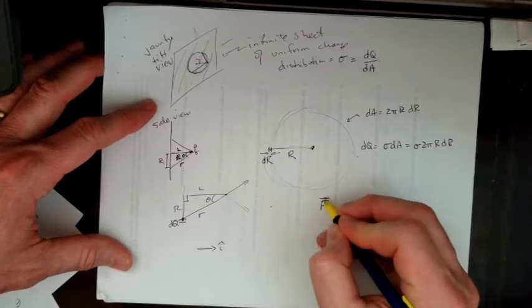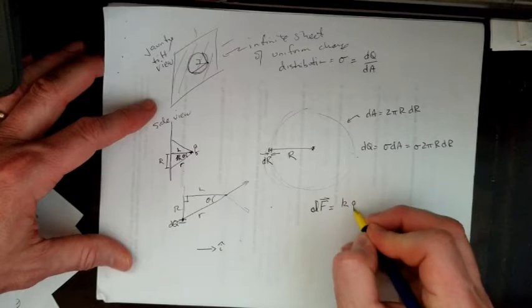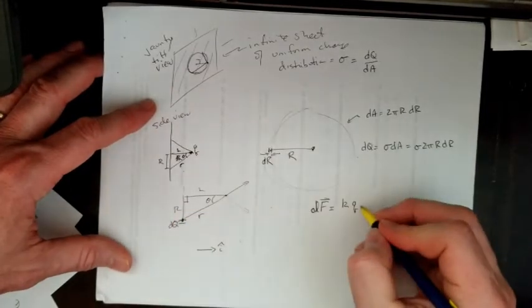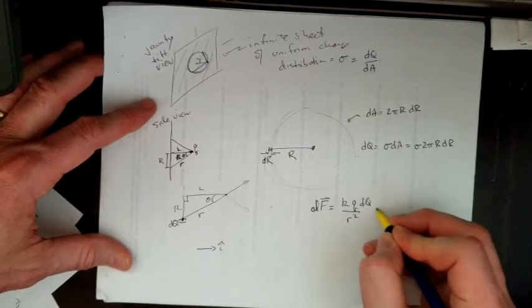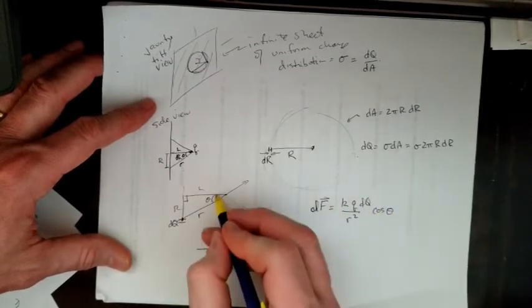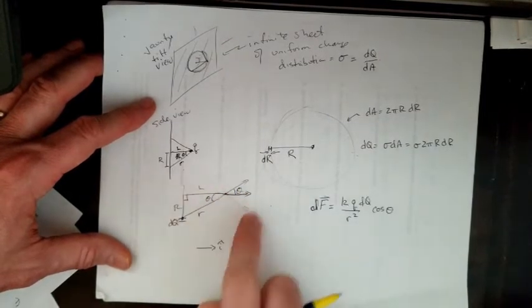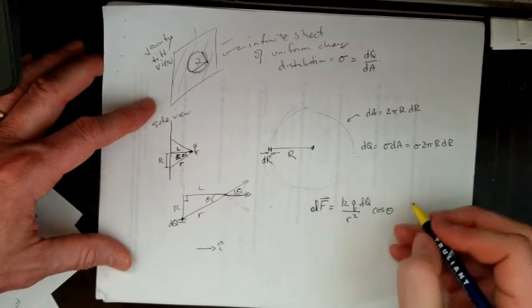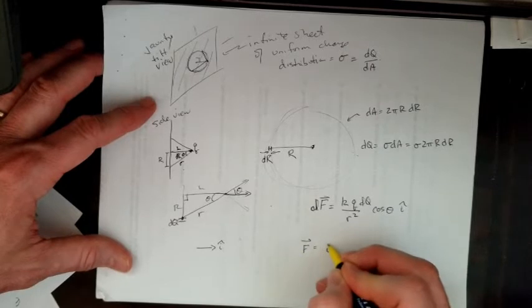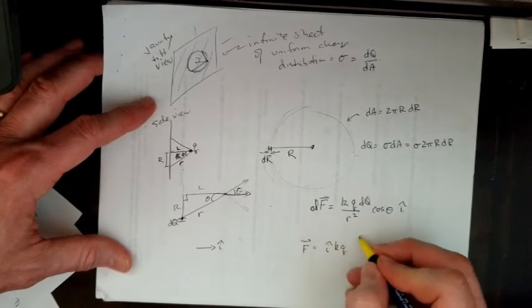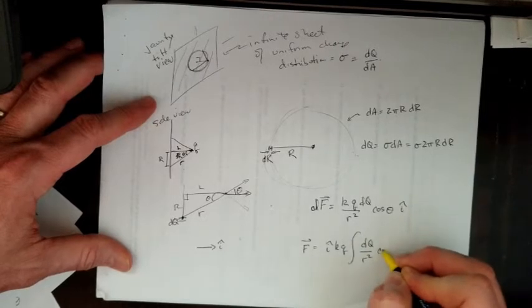And so the force, keeping it in the differential for the start, is equal to k little q times dQ over r squared times the cosine of theta, because if that's theta, then that angle there is theta, and I want the horizontal component, horizontal as I've drawn it, in the i hat direction. So F is equal to i hat k q integral dQ over little r squared cosine theta.